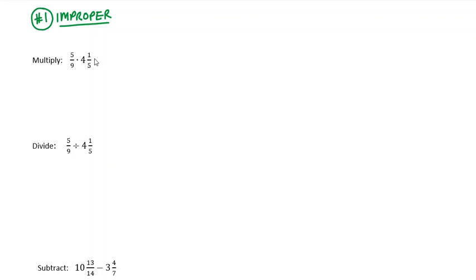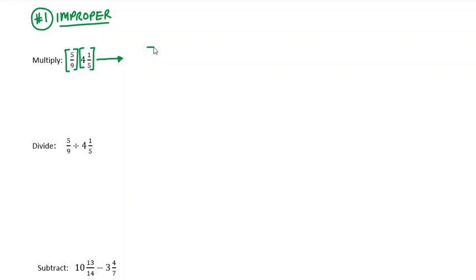Can't do this without doing that. So I'm not going to try to do this multiplication in any way. I will mess myself up if I try to do any multiplication before I change the question so that there are no mixed numbers. So the first one, 5/9, is not a mixed number, but the second one, 4 1/5, is.